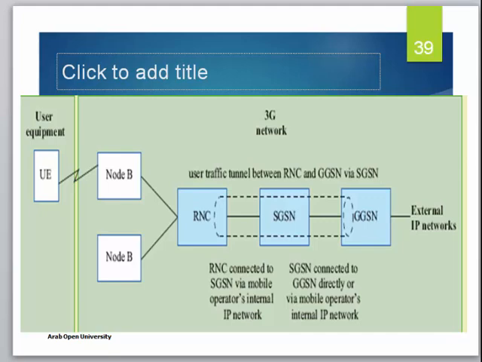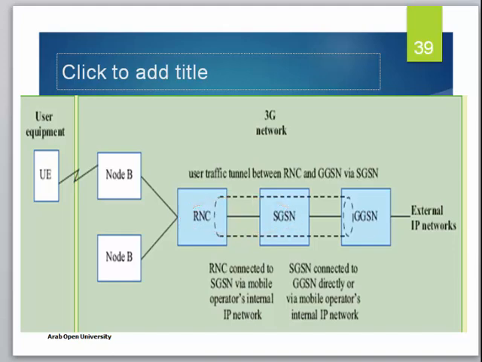Since the user's location can change at any time, the packets are tunneled or encapsulated from the gateway to the internet, which is the gateway GPRS support node, the GGSN, via the SGSN over the radio network to the mobile device. The current architecture uses one tunnel between the GGSN and the SGSN, and another one between the SGSN and the radio network controller, which is the RNC.